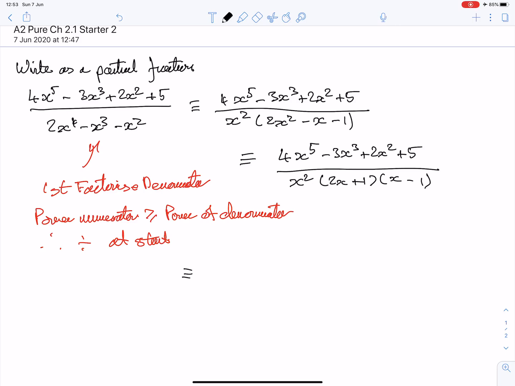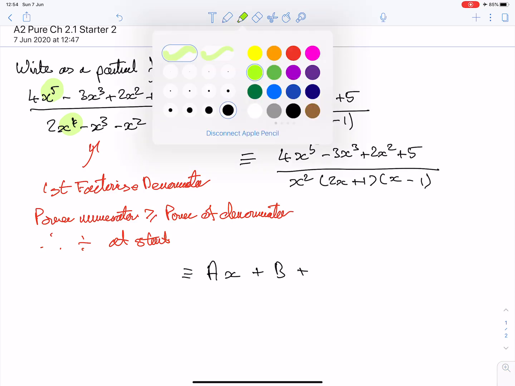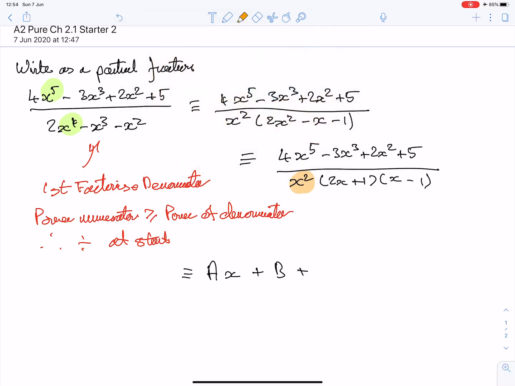We know that we've got something to the power 5 divided by something to the power 4. So our answer is going to be a number of x's plus a unit, plus, we've got a quadratic denominator term over here, so that's going to give us two terms, c over x squared plus d over x.